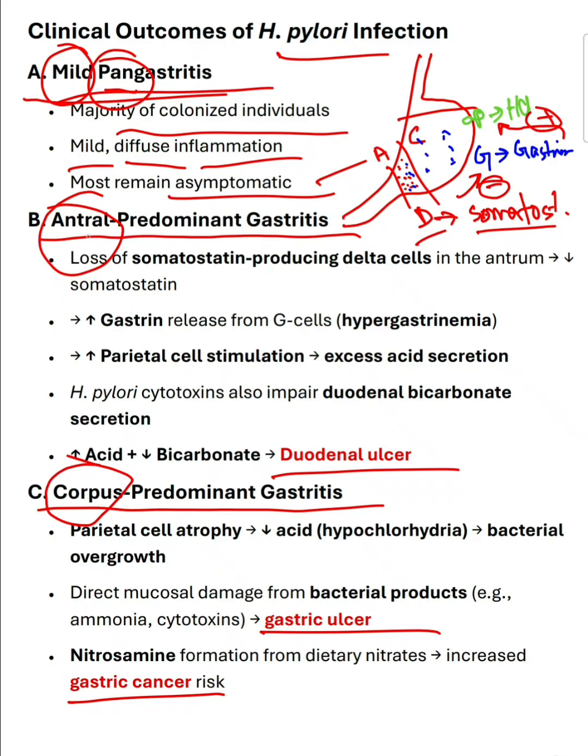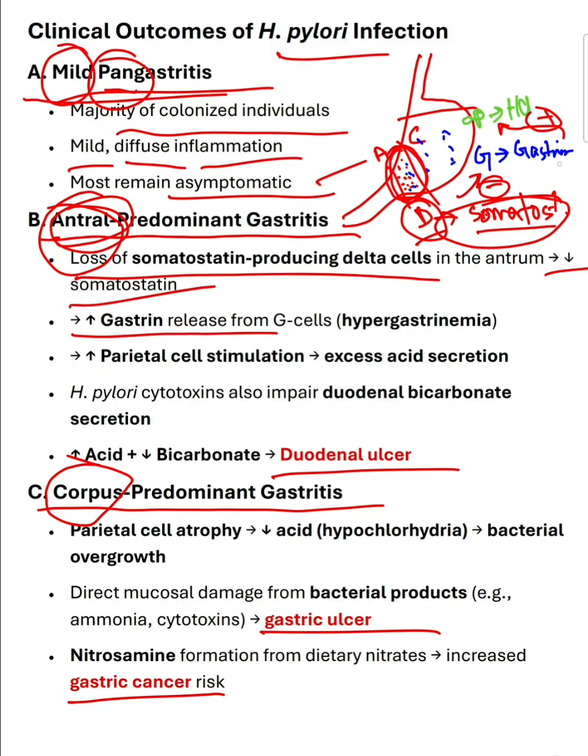Now when there is antral-predominant gastritis, what happens is, because there is the gastritis or inflammation going on, over time there is loss of this somatostatin producing D cell or delta cell from this region. Now, if somatostatin is gone, then you can imagine that the inhibitory effect on G cell is gone. Because of decreased somatostatin, gastrin release from G cell will be increased, leading to hypergastrinemia.